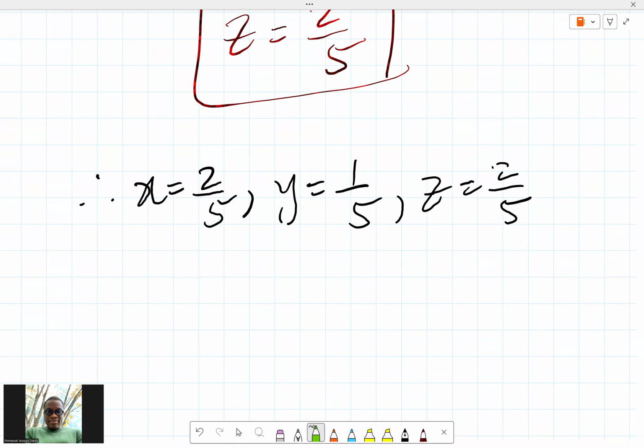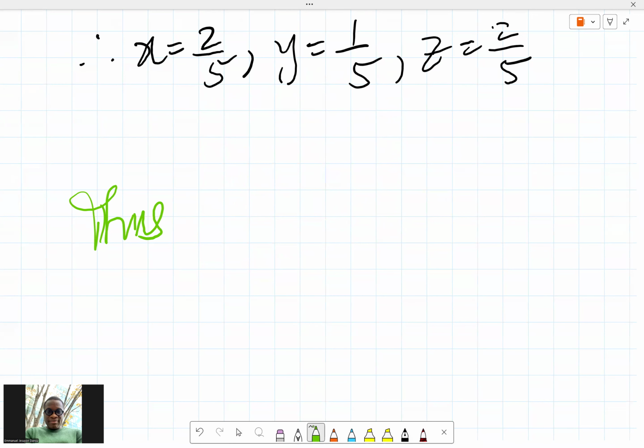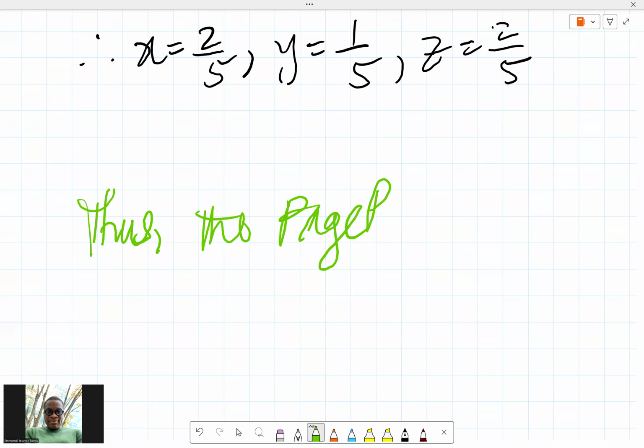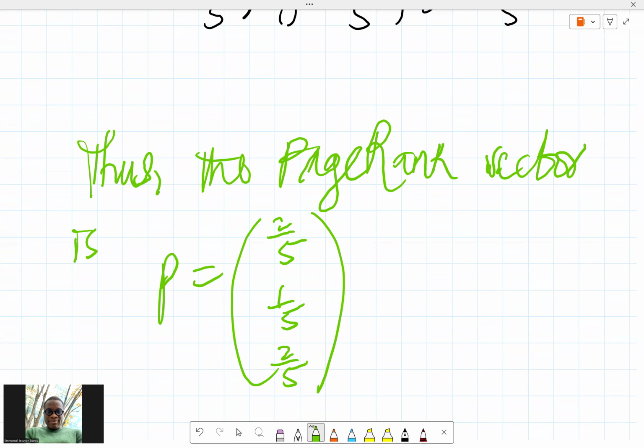So with this, we have our result. Thus, the PageRank vector is P, and that P is x 2 over 5, y 1 over 5, and z is also 2 over 5.